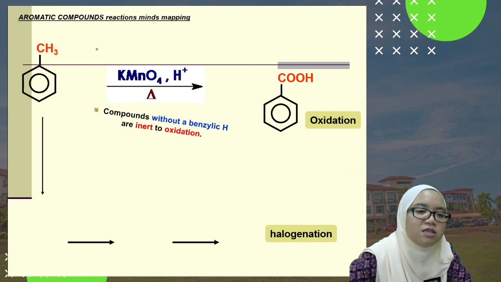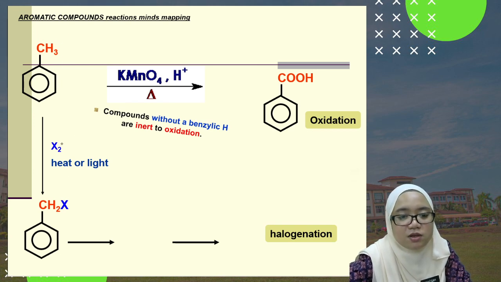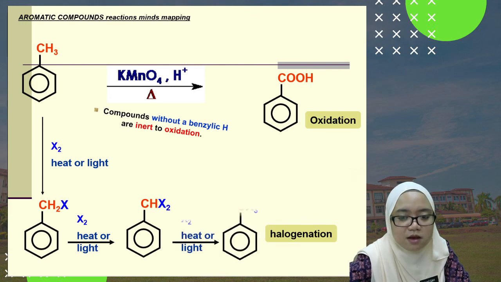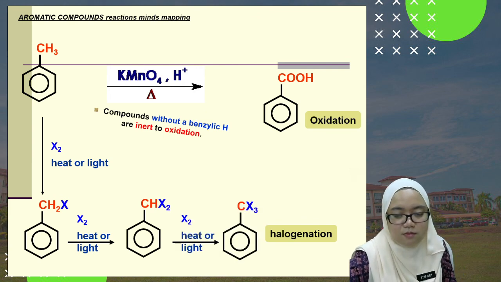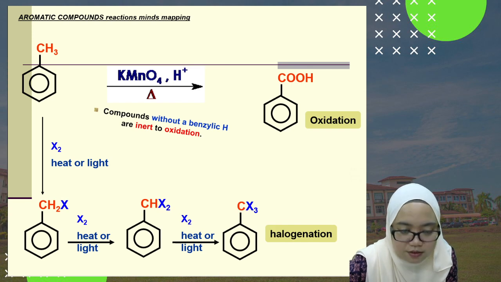Okay, as well as toluene juga boleh undergo halogenation, tapi halogenation hanya pada carbon chain dekat luar, bukan dekat benzene ring. Okay, so dekat sini kita mesti kena guna UV sunlight, okay, dengan kehadiran halogen. So dia akan form this one. Okay, so this is halogenation.